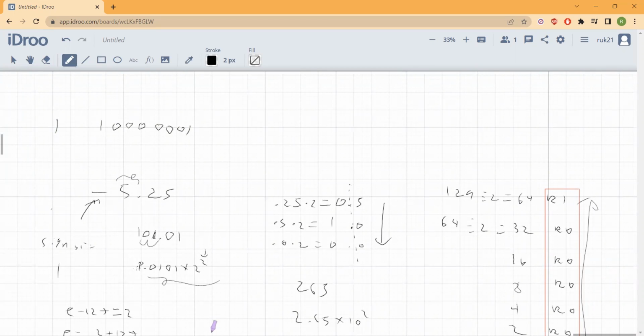Finally, I would put our mantissa. So again, we don't put in the 1, so it'd be 0, 1, 0, 1, and then we pad the rest with zeros, up to 23 bits. And there you go. That would be our number.